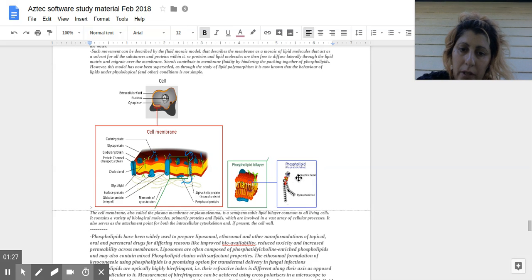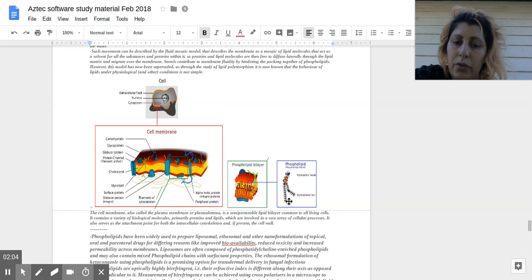The hydrophilic head has a phosphate group and an alcohol group, which can be one of four kinds of polar groups, which we mentioned previously, and the glycerol backbone connects the hydrophilic and hydrophobic parts of the molecule.